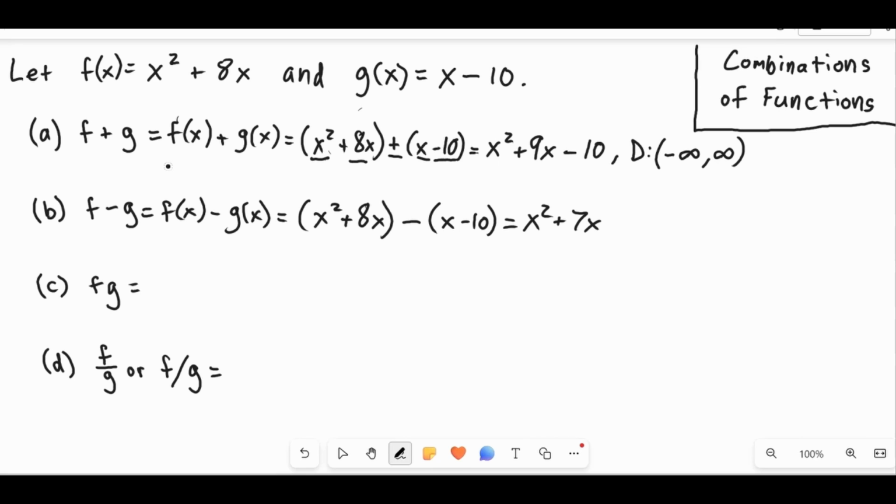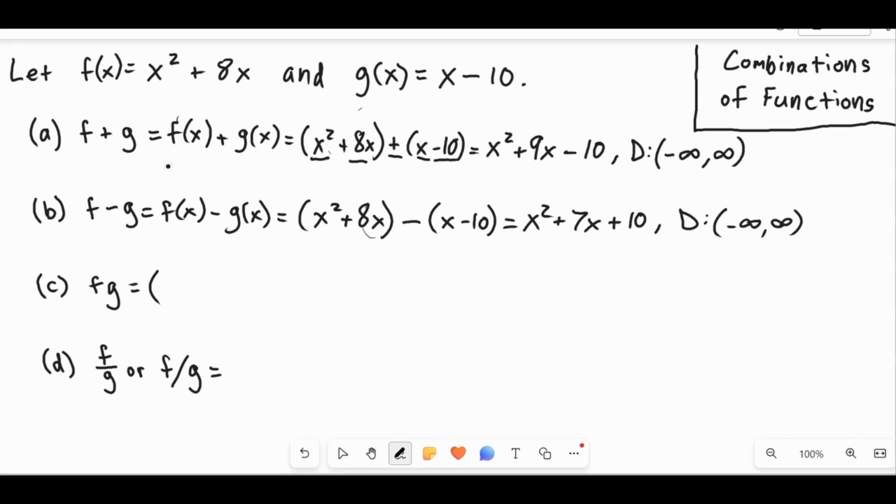So we're just going to say there's a 0 over here, so it's like plus 0. 0 minus negative 10. Well, minus negative 10 means plus 10. So this will become plus 10. And so this is the combination function f minus g. And it's a quadratic, and therefore the domain is going to be from negative infinity to positive infinity.